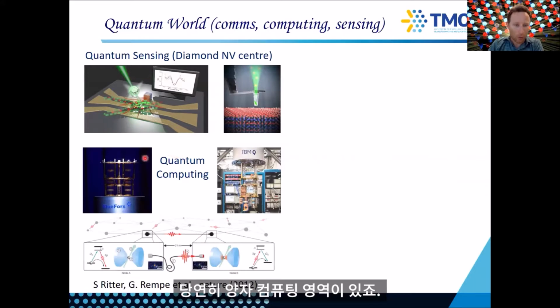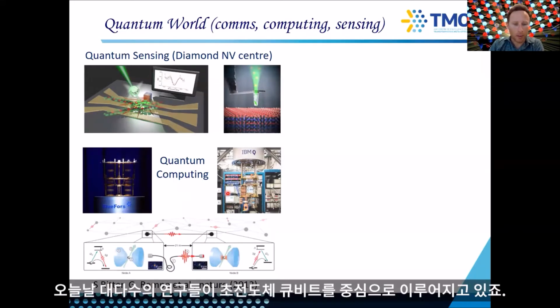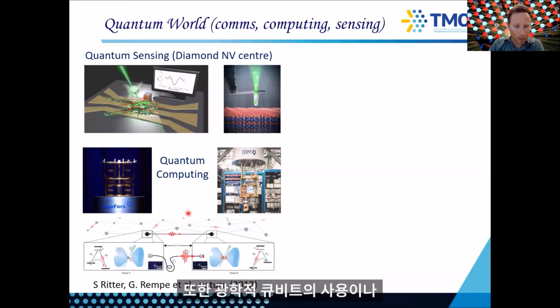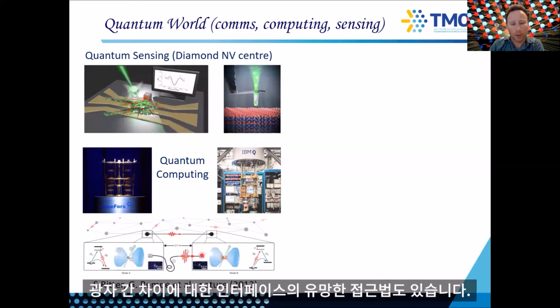Of course, you have the field of quantum computing, and here the majority of work these days is focused around superconducting qubits. Quite a few commercial devices have already been made. And of course, there is also a promising approach to use optical qubits, or interface between the different nodes with photons.